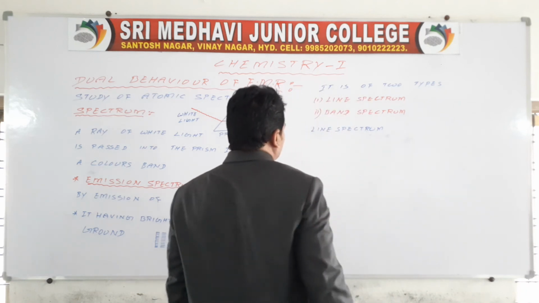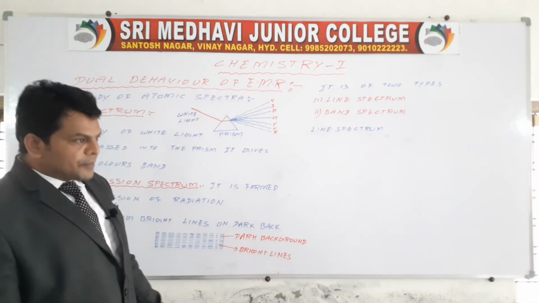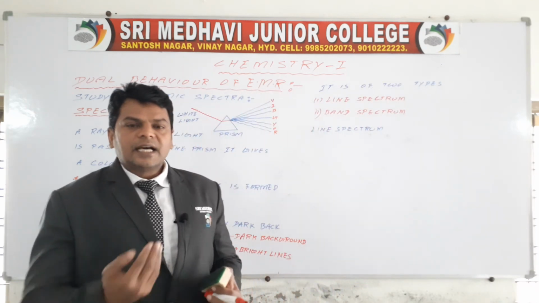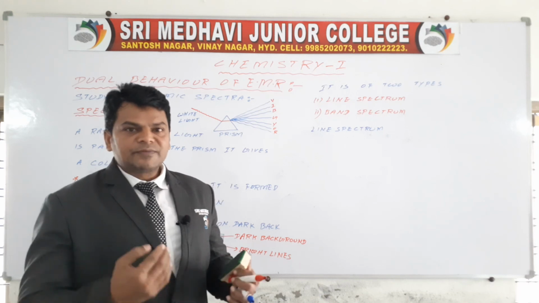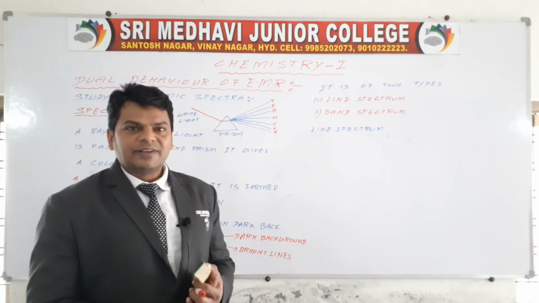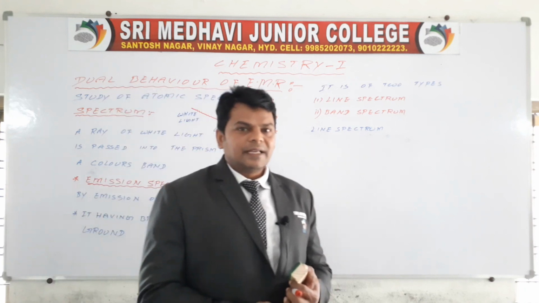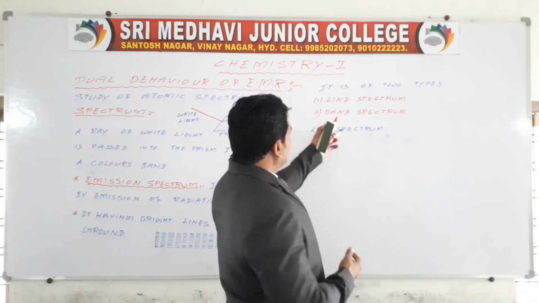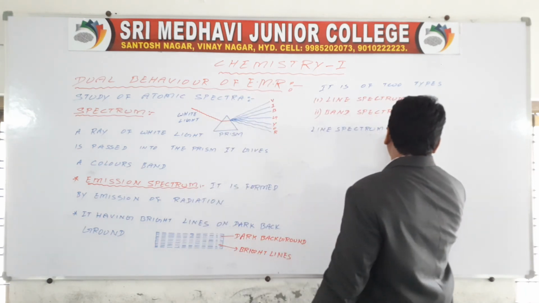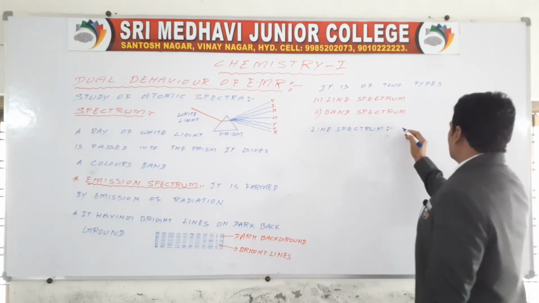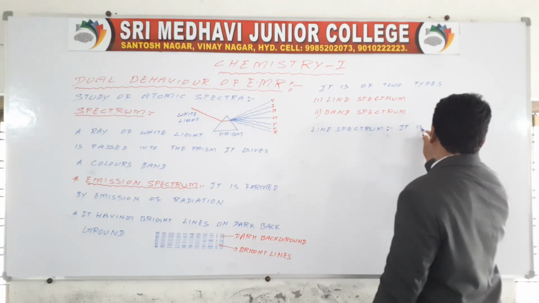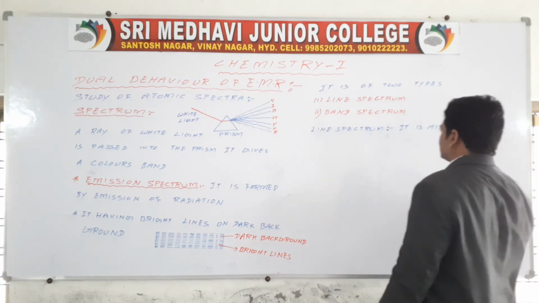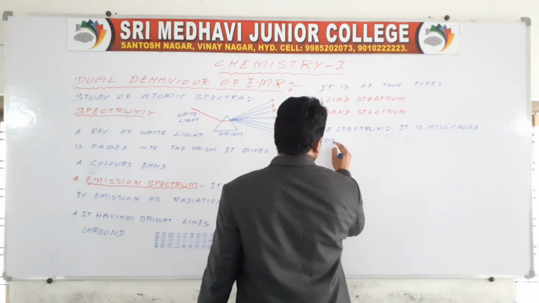What is a line spectrum? It is also called atomic spectrum.